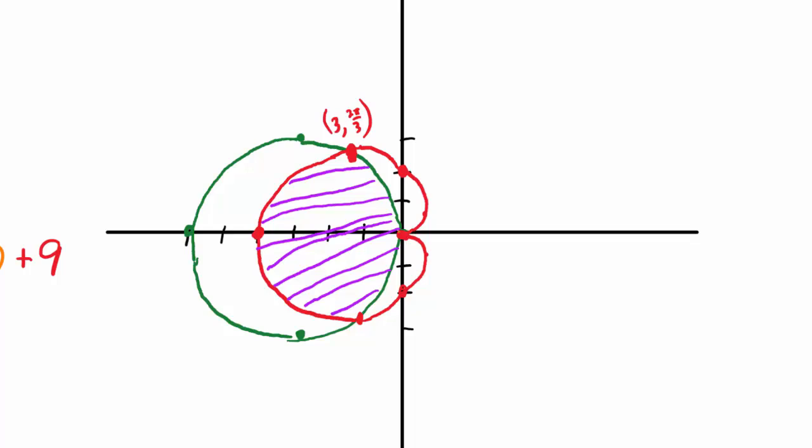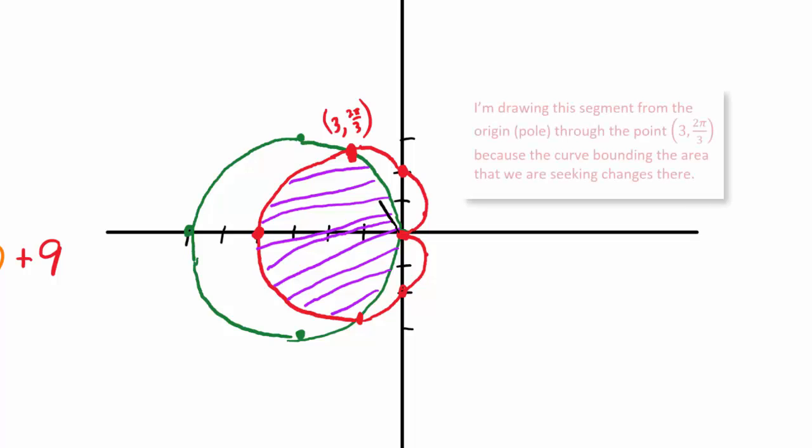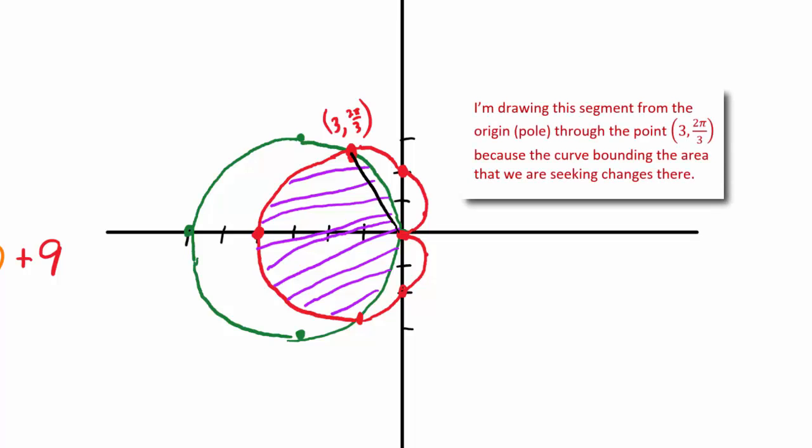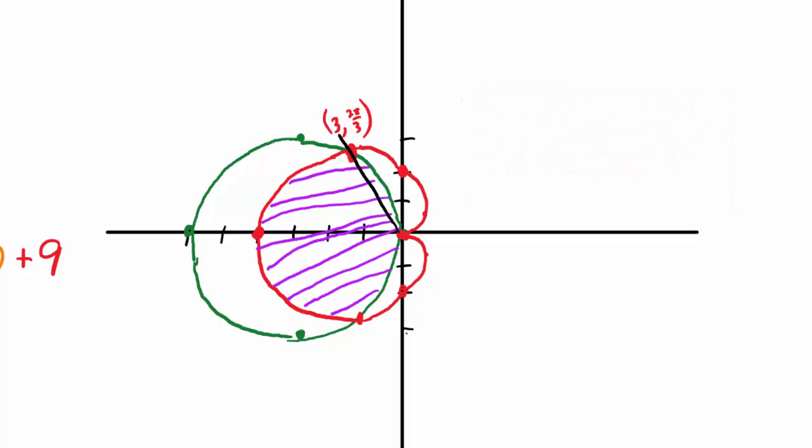Let me first draw just a radius through that. It's not part of the graph at all, but it'll help with clarification later. So let me just draw kind of a ray through it, or a line segment through it. So the r values that come before that angle have a different boundary than the ones that come after that angle.